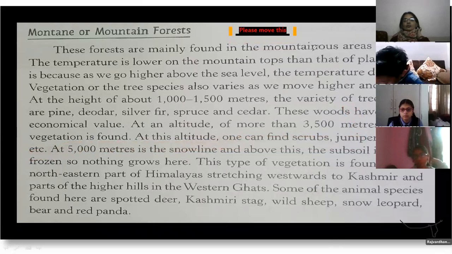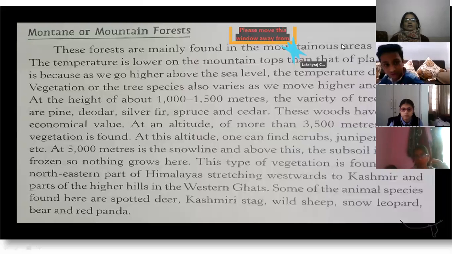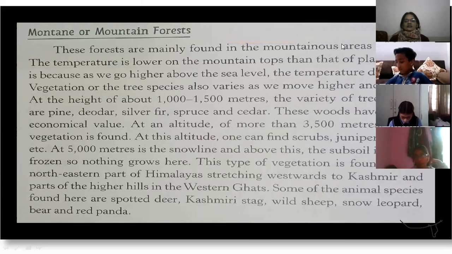Clear? So mountain forests are the forests which are grown on mountainous regions. Mountainous regions include the northern mountain region, the Himalaya mountain region in the northern part of India, some parts of Madhya Pradesh, and the southern part also has mountainous regions.